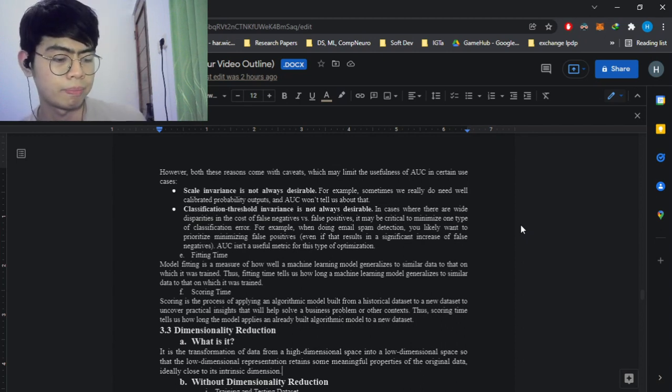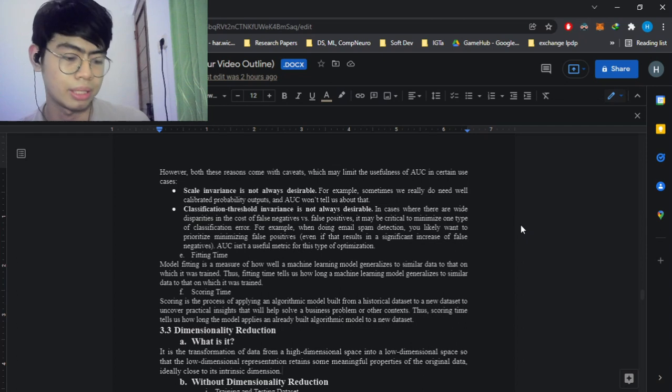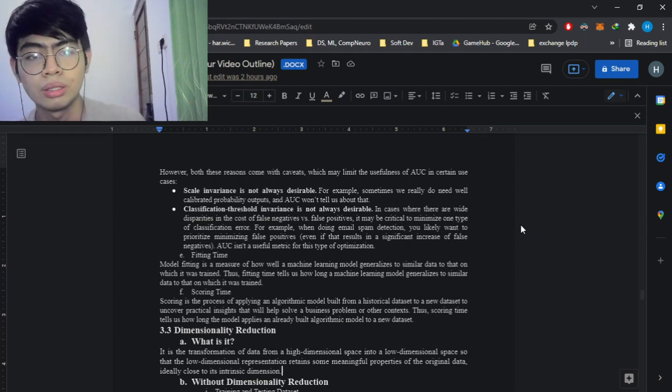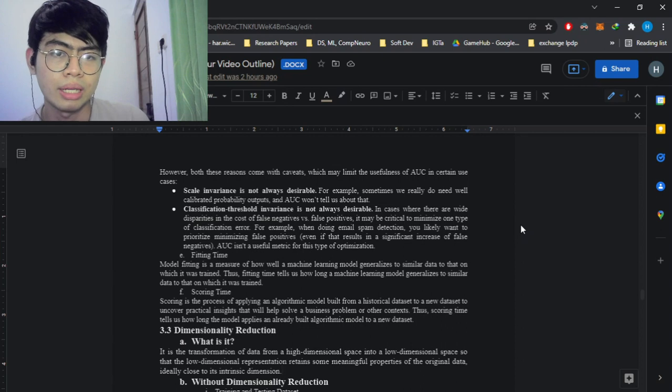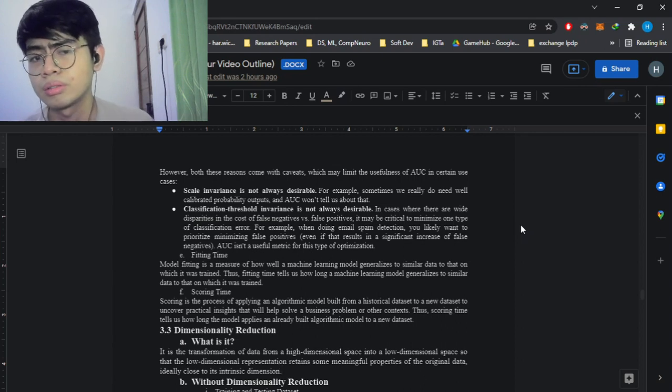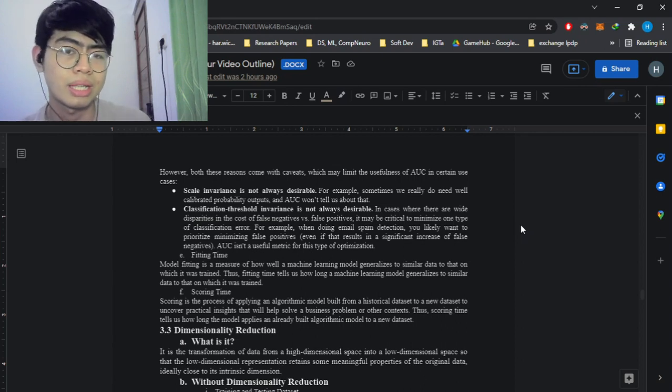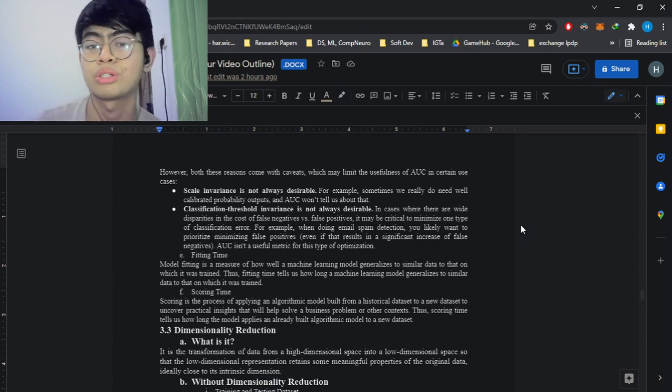Like tagging a supposedly non-spam email as spam. It's very fatal because the person wouldn't actually get the email, rather than the other way around, the false negative, you know. So yeah, AUC isn't that useful, this metric is not that useful in that situation.